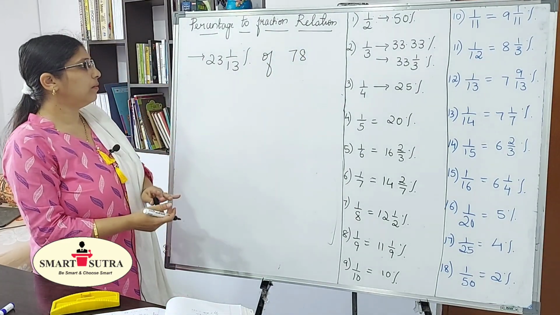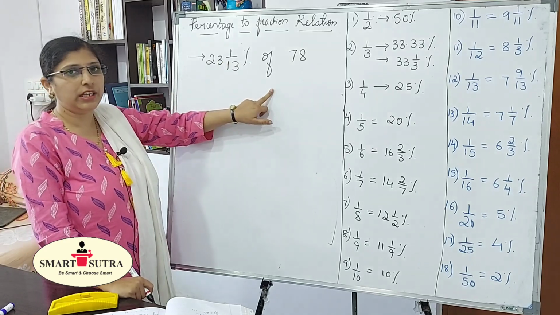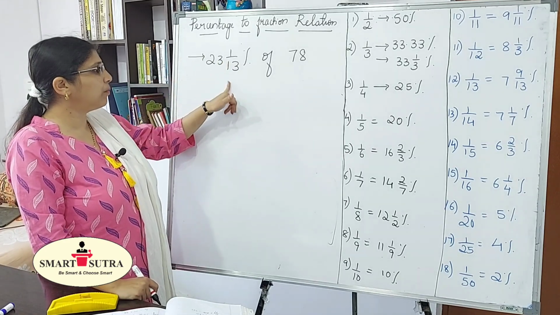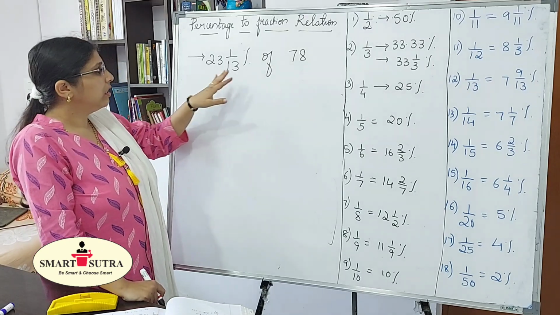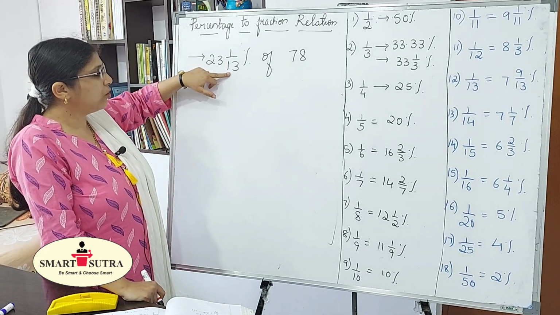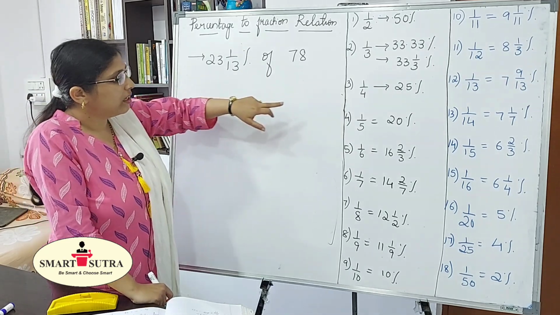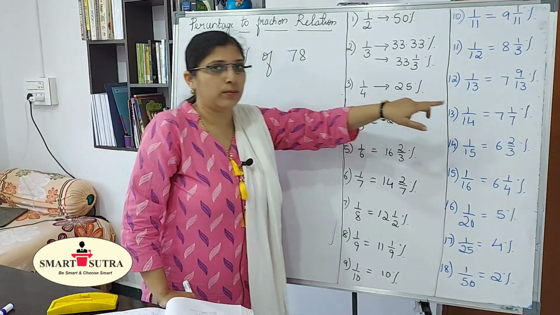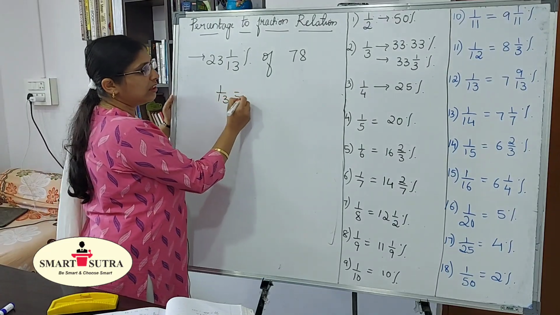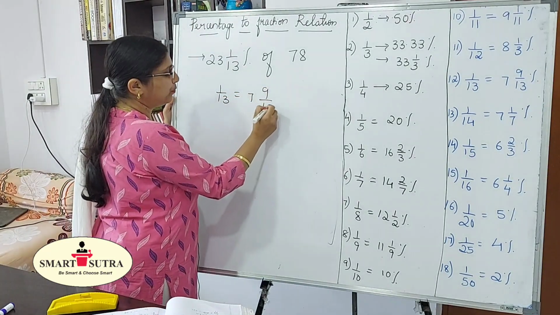23 1 by 13% of 78. So looking at this we get scared. Oh, how to bring it into a proper fraction and then solve? No need. If you remember the fraction, it will be easy. So how is that? We know that the denominator is 13. So it will be a multiple of 1 by 13. We know that 1 by 13 is nothing but 7 9 by 13%.